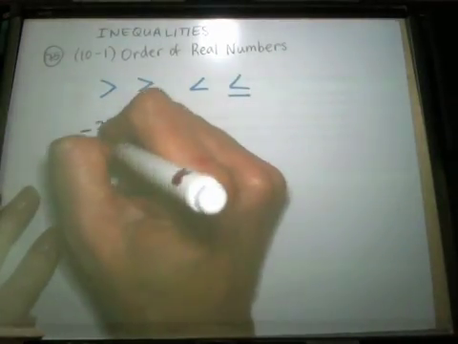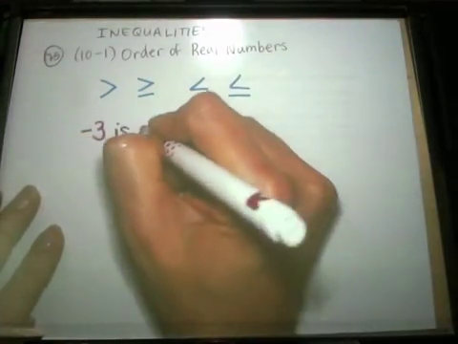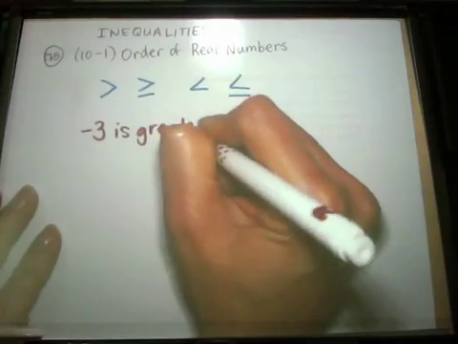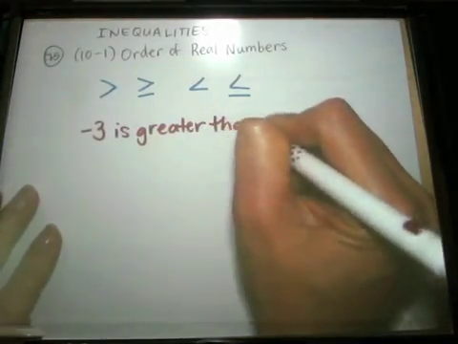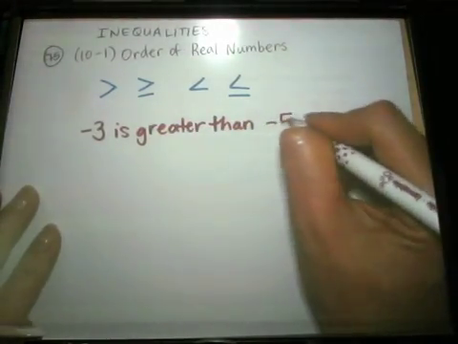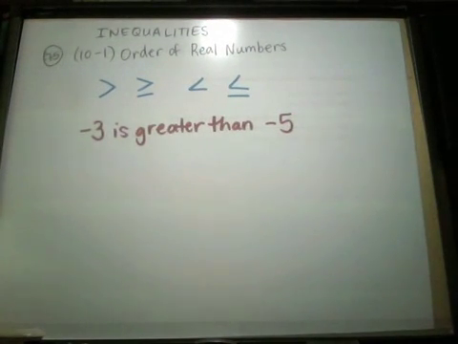So for example, if you see -3 is greater than -5, first of all, is that a true statement? -3 is greater than -5. Is that true? Yes, it is.